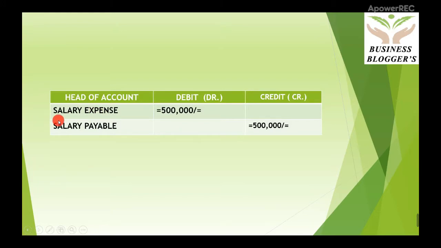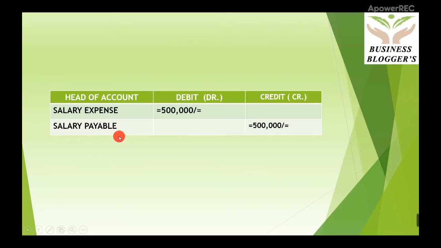So we record salaries expense in our books. Salaries expense debit 5 lakh rupees, for example, and salaries payable will be credit 5 lakh rupees. Salaries payable is a current liability account and that is called accounts payable.